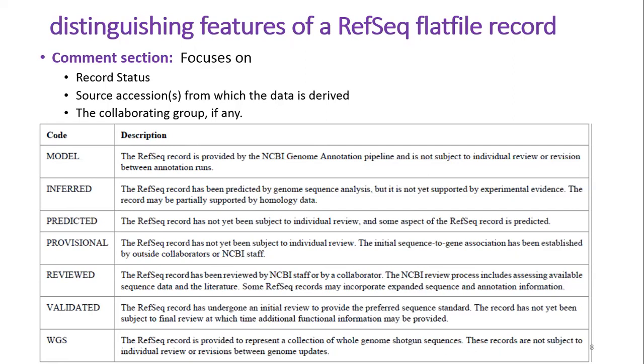Validated is the highest status. That means it has undergone initial review, and nothing much will change after it achieves the validated status. Model status usually changes to inferred, predicted, provisional, or reviewed depending on what kind of annotations are added to that entry.